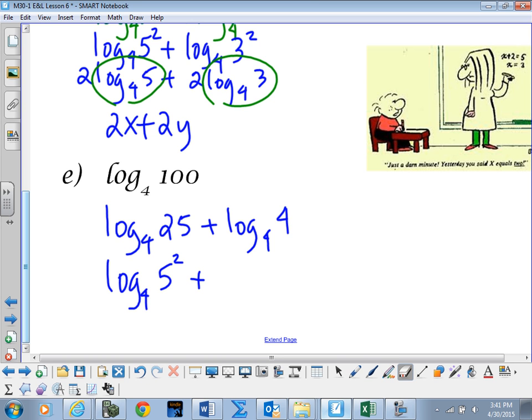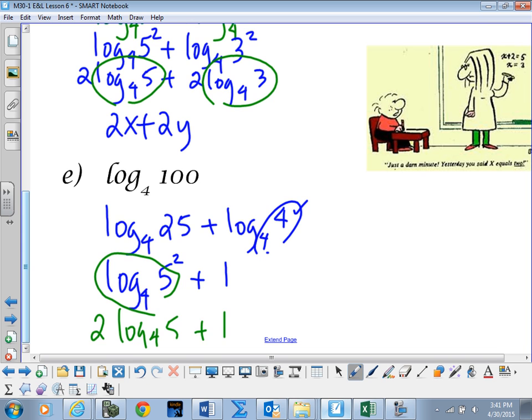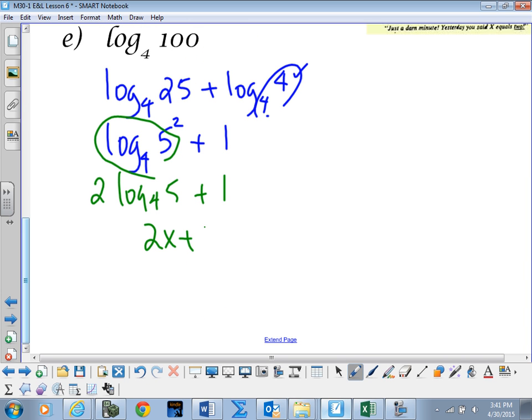And log base 4 of 4, make that a little neater. Anytime these numbers match, this is always equal to 1. 4 to the power of what is 4? Any time the term is equivalent to the base, that log is equivalent to 1. So we can evaluate that because it's base 4. Now we can change the expression on this side. Here is our value of x, so that's going to be 2 log base 4 of 5. So this is the same as 2x plus 1.